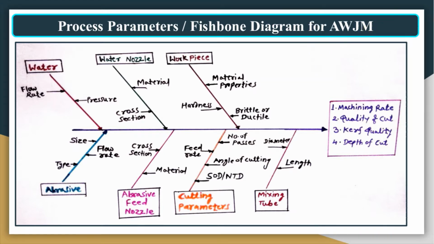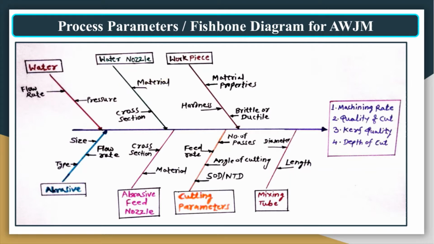Here I have shown a fishbone diagram for abrasive water jet machining, that is AWJM. First of all we have the water. Water is one process parameter. Here the pressure of the water and the flow rate of the water are both parameters for this process. And then there is the water nozzle.